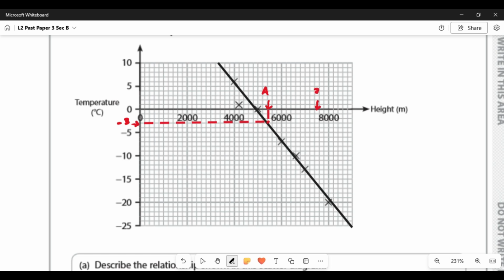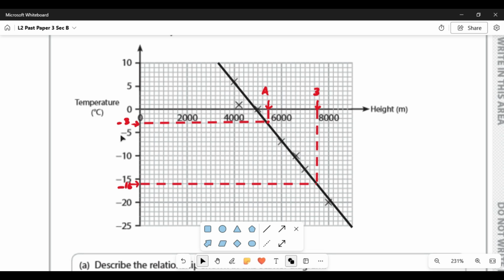Yeah, that's going to be Camp 3. Again, I'm going to draw my line and go straight across. Yep, so there's my dotted lines, and as you can see, it's exactly on. That's going to make it -16 for Camp 3.